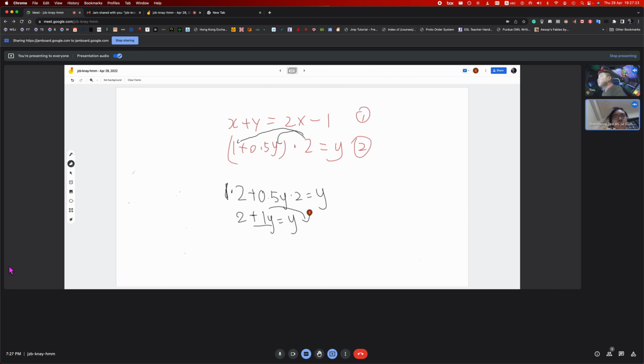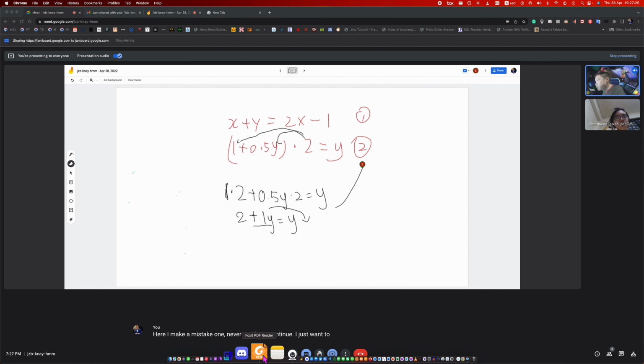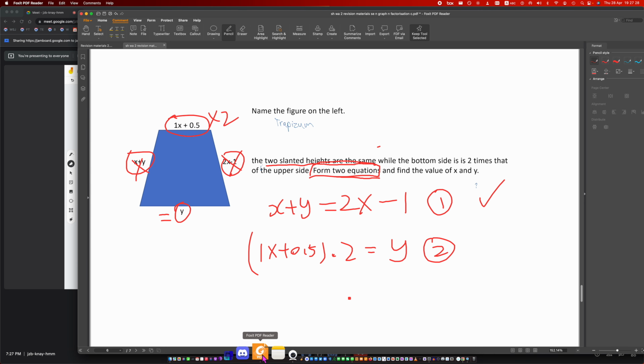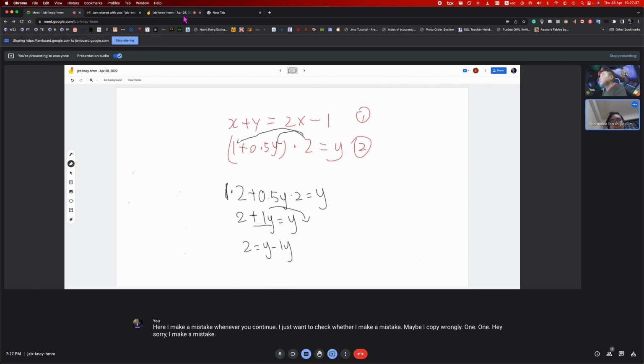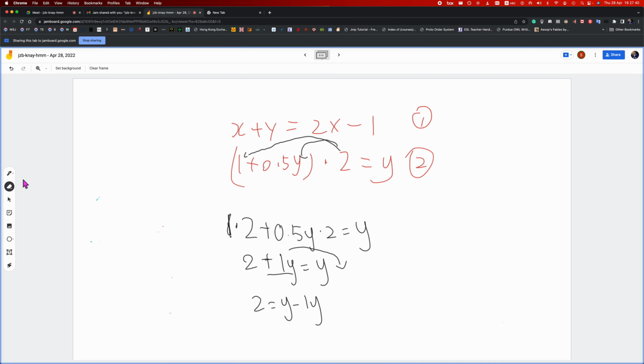Did I make a mistake? Never mind, you continue. I just want to check whether I made a mistake. Maybe I copied wrongly. 1x plus 0.5. Hey, sorry, I made a mistake. Never mind, I correct it. Hold on. So this is supposed to be 1x plus 0.5. Okay? I copied wrongly. Redo it.